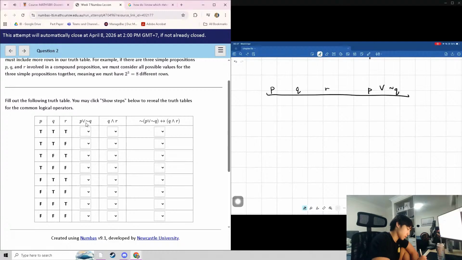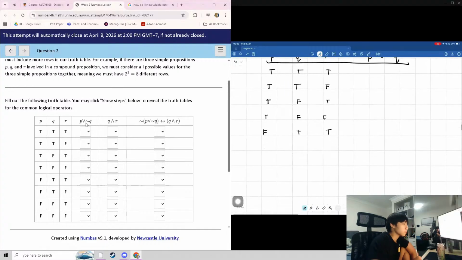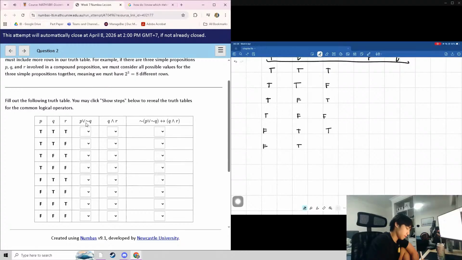So T, T, T, T, T, F, T, F, T, T, F, F, F, F, and F, F, F. Basically just shifting.